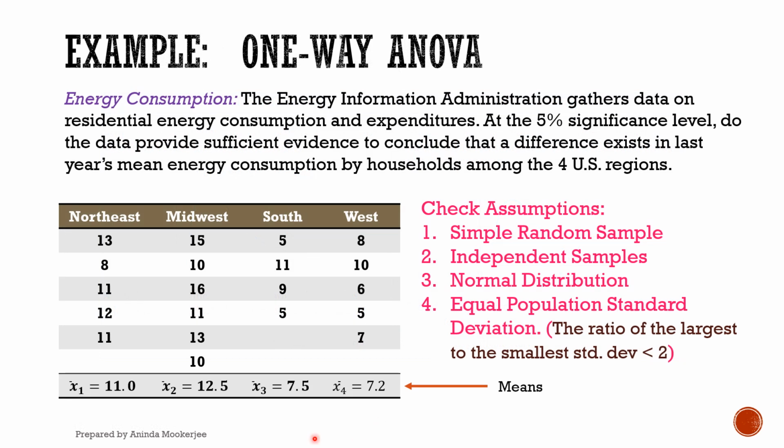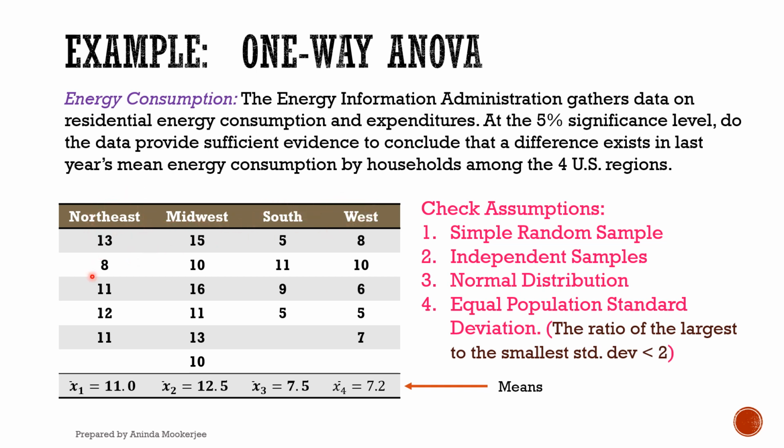So let's finish off this problem that we were formulating. Again, we are comparing the energy consumption between the different regions of the United States. The 4 regions were Northeast, Midwest, South, and West.